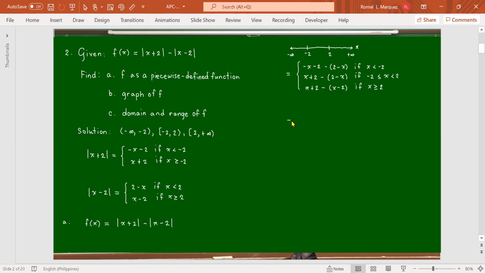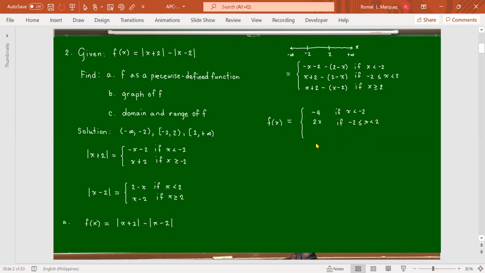So let's simplify this. The first expression defining f of x is negative 4 if x is to the left of negative 2. Then positive 2x if x is between negative 2 and positive 2, including negative 2.